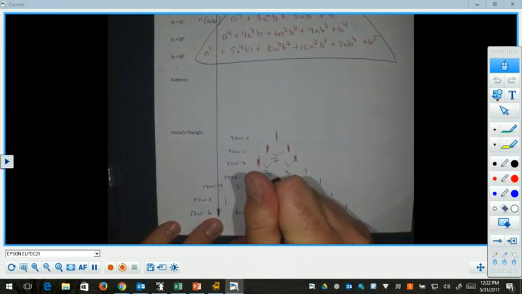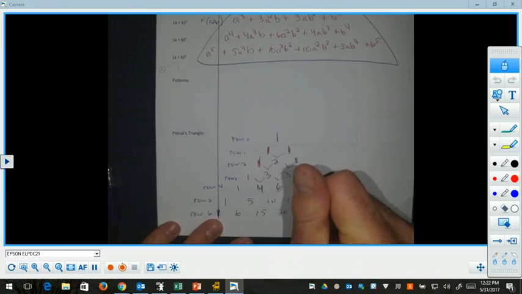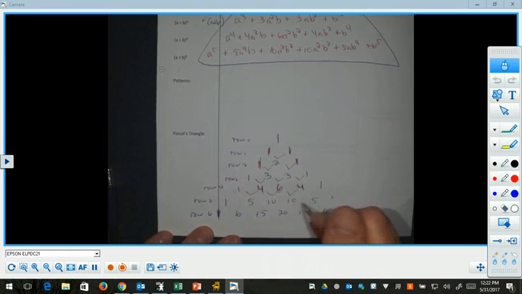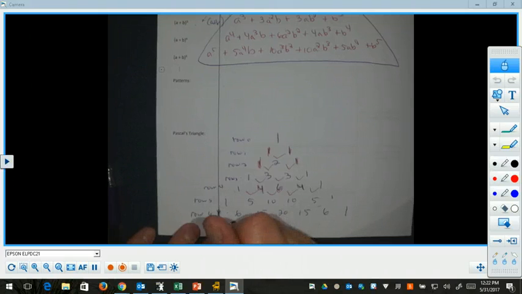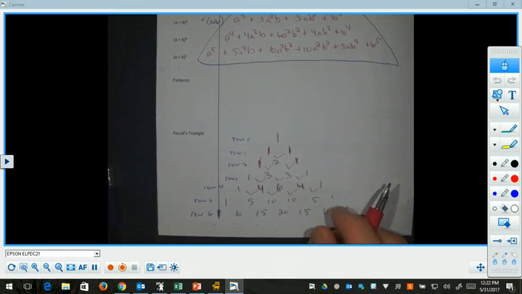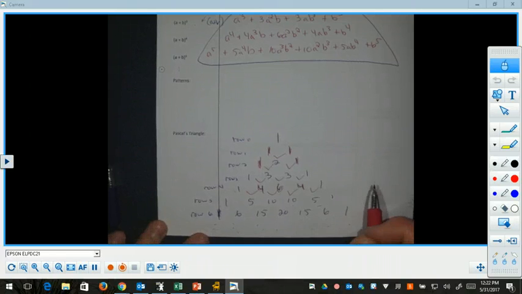I add these 2 to get the 4, these 2 to get the 6, these 2 to get the 4, and put 1s on the end. These 2 to get the 5, these 2 to get the 10, these 2 to get the 10, these 2 to get the 5, and put 1s on the end. And so on and so forth, and I just keep going down with this to get however many rows I need of Pascal's triangle. Pascal's triangle goes on infinitely.